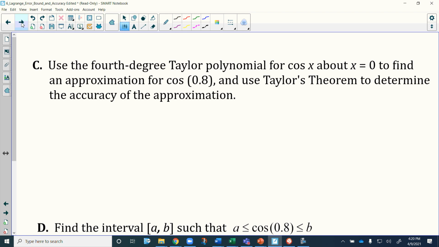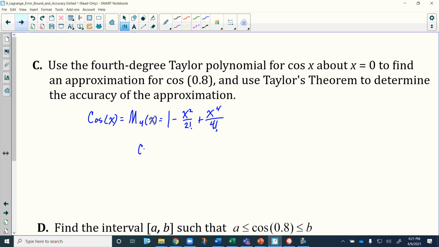Here is what we had from part A. The polynomial that we got was, cosine of x equals, this is my Maclaurin, and we did it to the 4th degree: 1 minus x squared over 2 factorial plus x to the 4th over 4 factorial. We're going to use that to approximate cosine of 0.8.